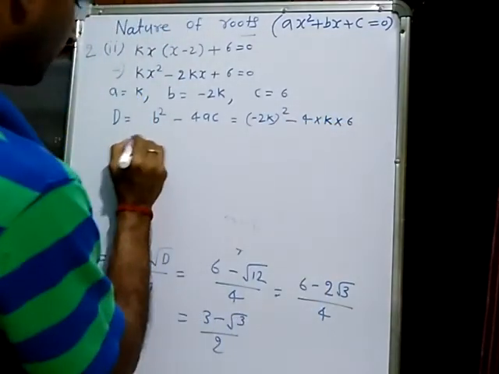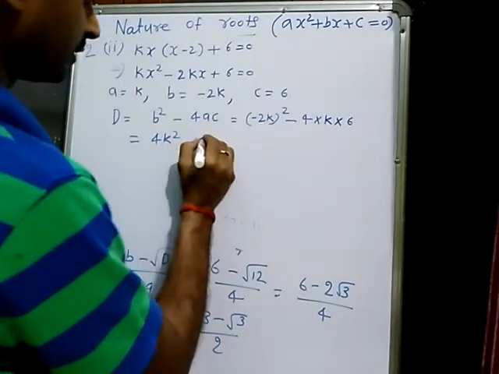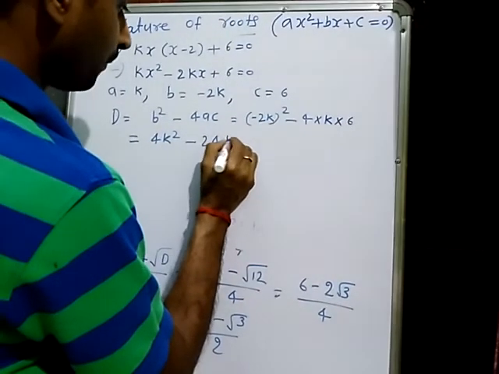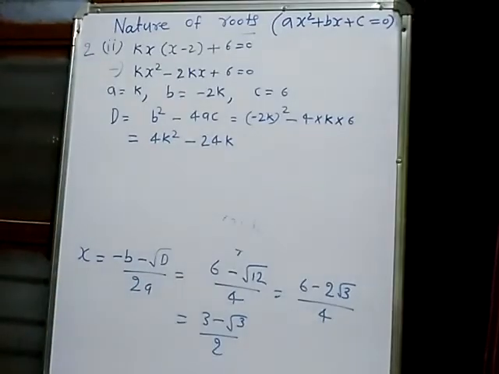Solving this, we find 4k square minus 4 times 6, which is 24k. So 4k square minus 24k. For which condition do we need to solve?